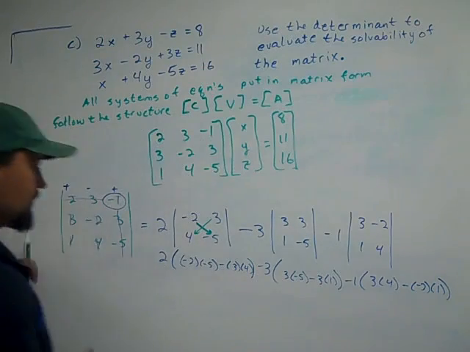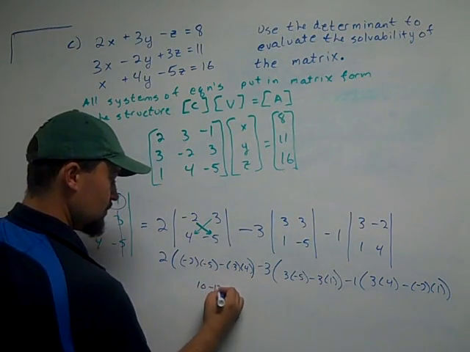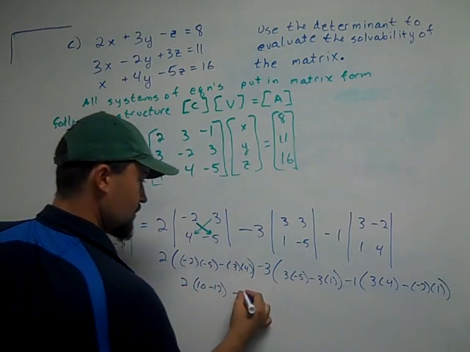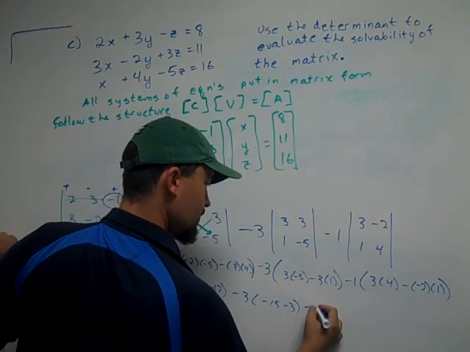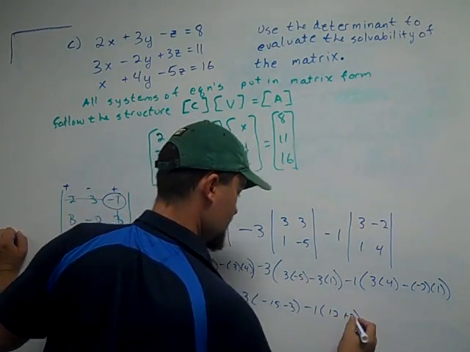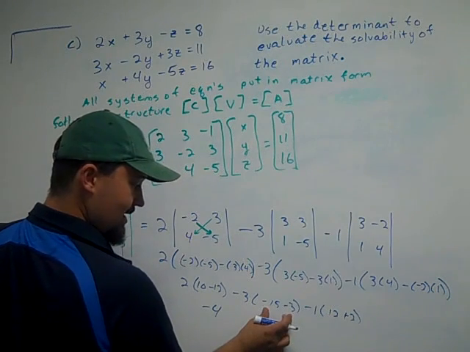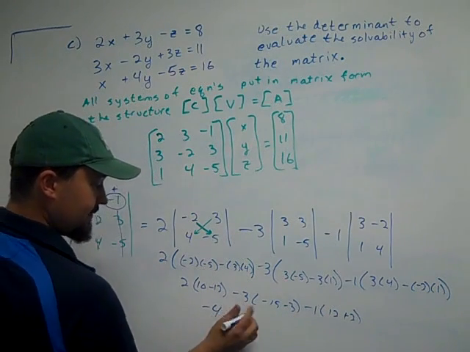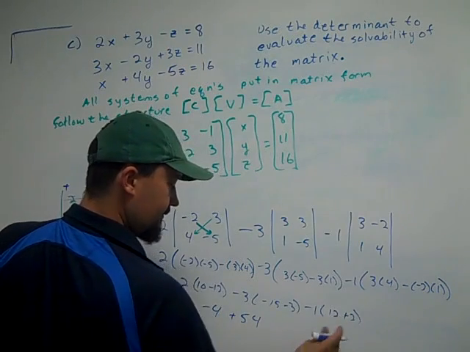Alright, so 12 plus the 2. Okay, finishing up, we have negative 4, negative 18 times negative 3, so positive 54, 14, negative 14.